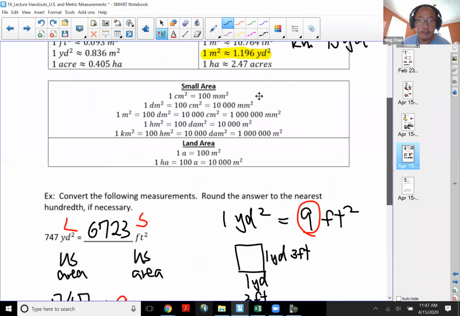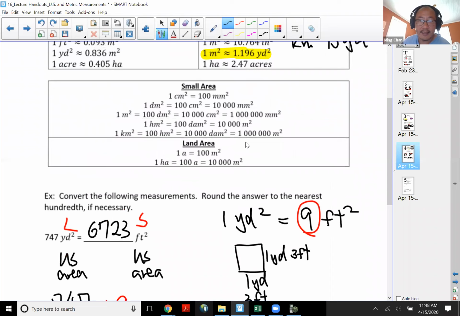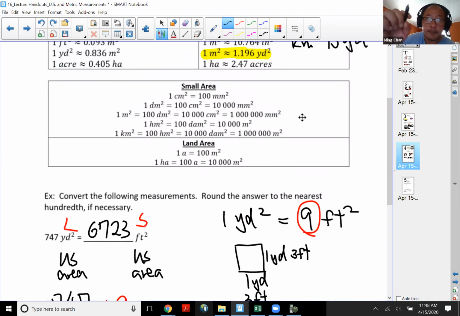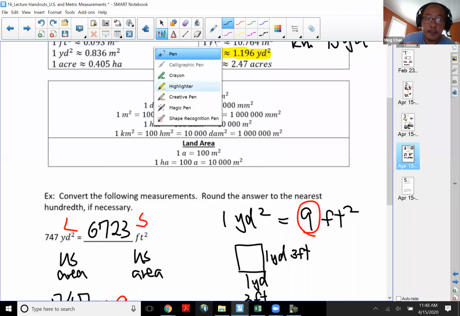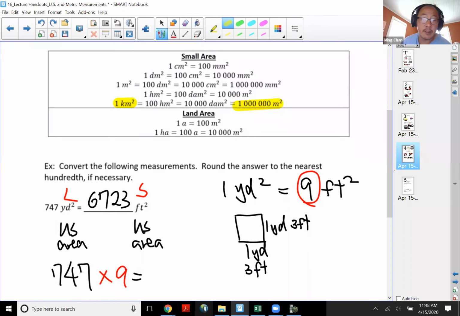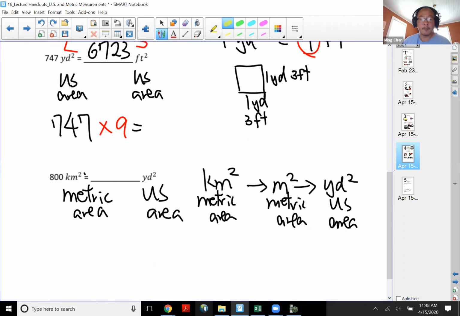Where should I look? Right here, small area, this is all metric. Do I see anything between square meter and square kilometer? Square kilometer is only right there, and a square kilometer can take me to square meter. It's a 1 to a million ratio. So yes, I can go from square kilometer to square meter.